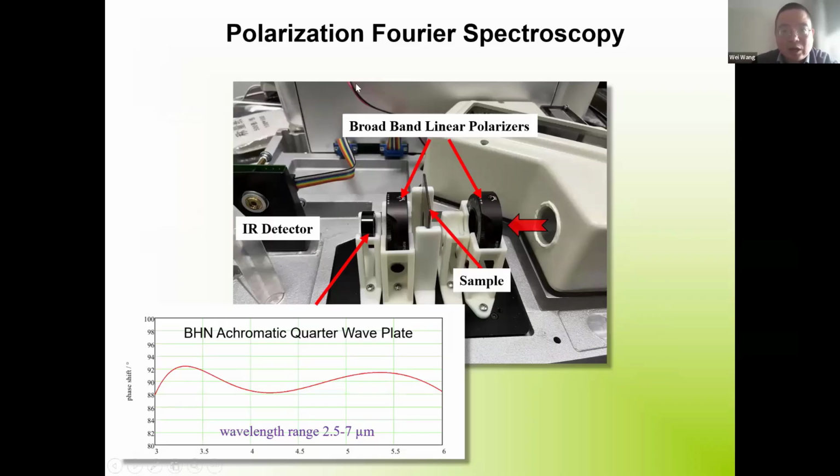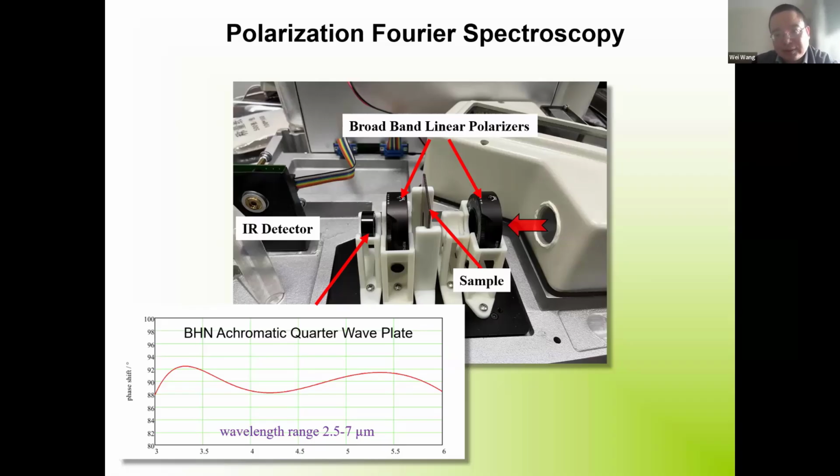Basically, the white part is the conventional infrared Fourier transform spectroscopy. Inside the chamber, we have made some modification, as you see, through the sandwich structure. The light starts from the right hand side and illuminates.